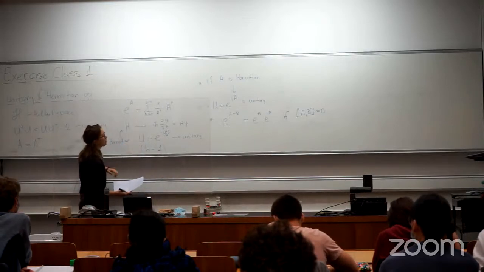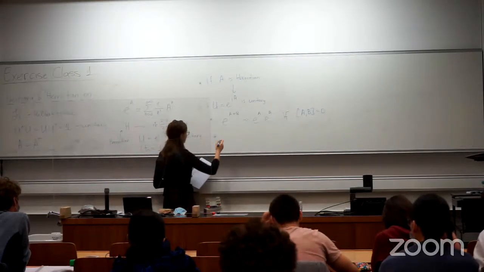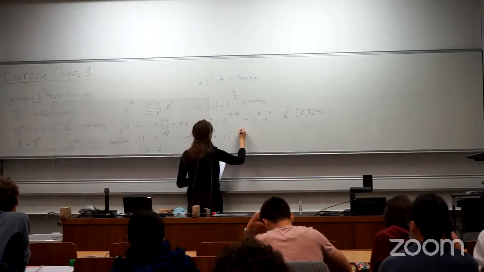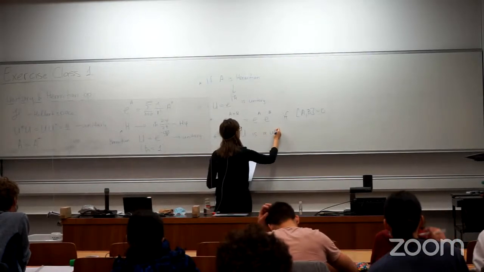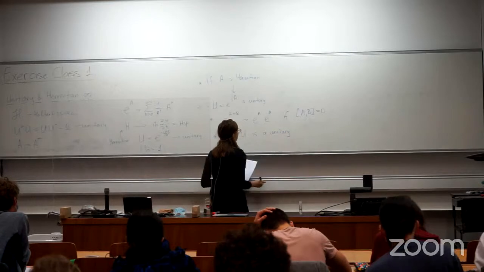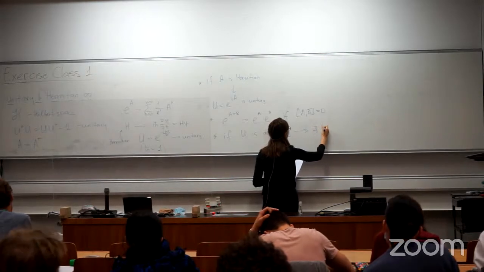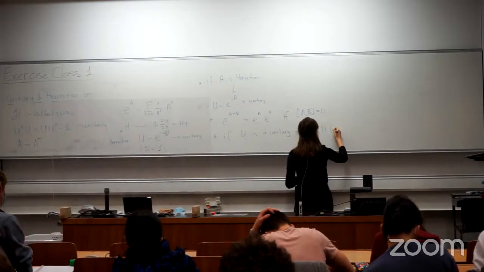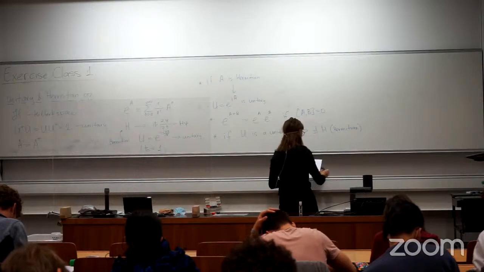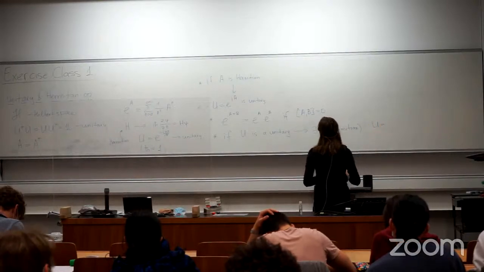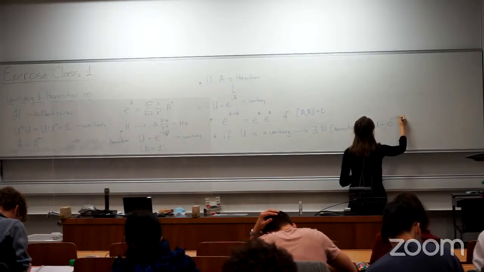So the converse is also true. So if U is a unitary, then we can always find a Hermitian operator H such that U can be written as e to the power, here we can even add it, minus iHt.